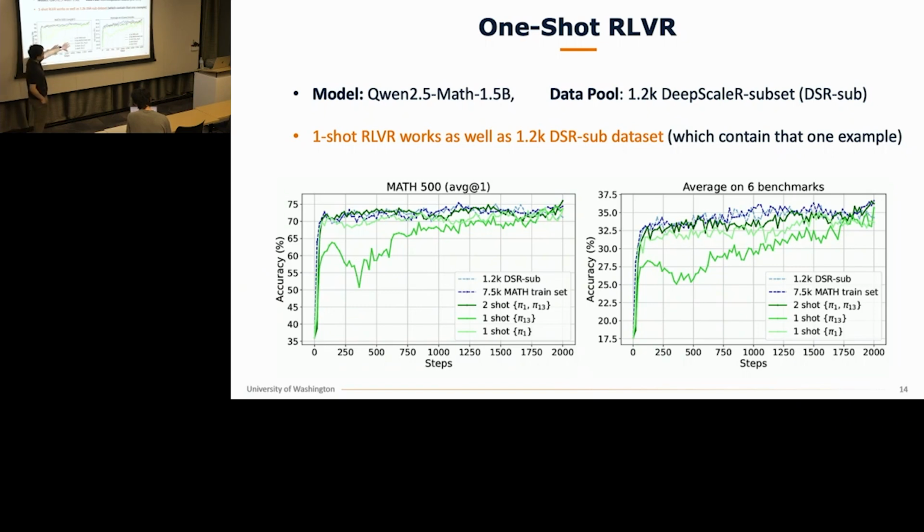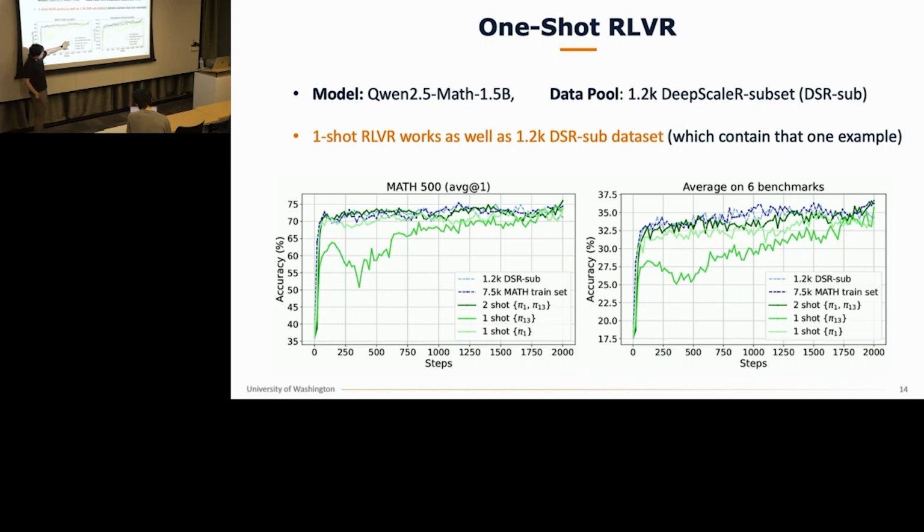Similarly, you can see that kind of curve for the performance on average over those 6 math benchmarks. And there's also another, larger data set, 7.5K, that achieves similar performance as well.